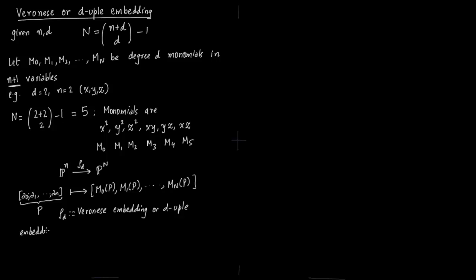So example, n is equal to 1, d is equal to 2. So this is P1 embedded in P2 as a conic.